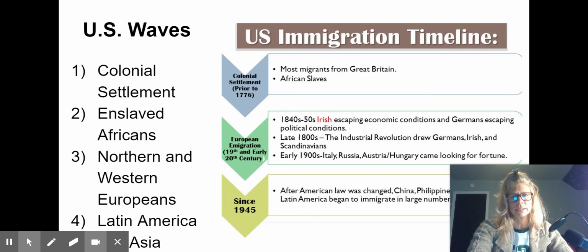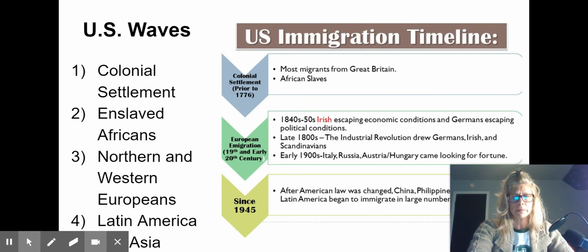So examples over to the side, you can see in the 1840s and 50s, you had the Irish leaving Ireland because they were escaping economic conditions, but you also saw Germans escaping political conditions. Then once you had that Industrial Revolution, that drew others, Germans, Irish, and Scandinavians came. And then early 1900s, you see more of Italians, Russians, Austrians, Hungarians, and they were coming to America to look for a fortune.